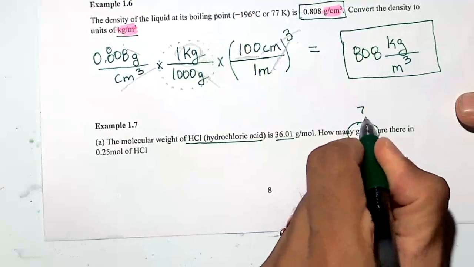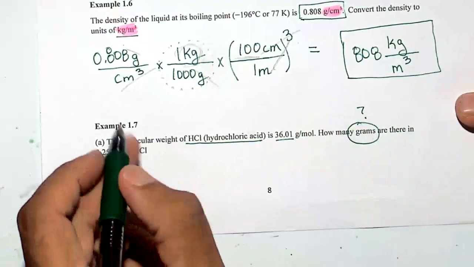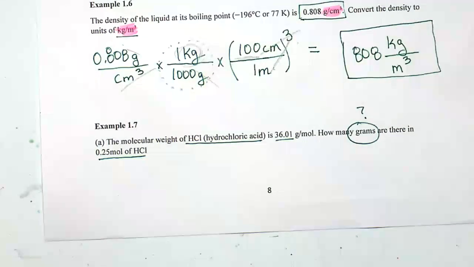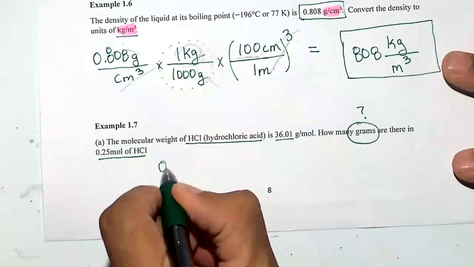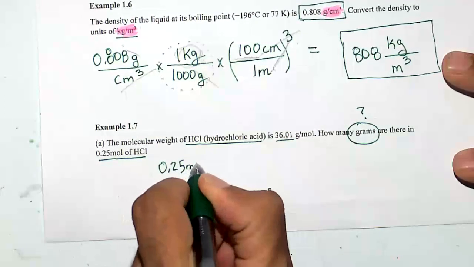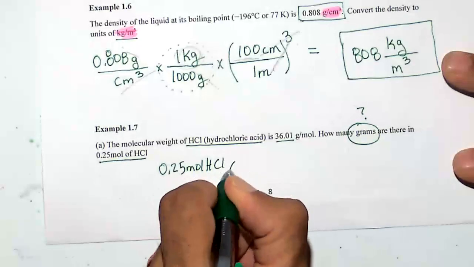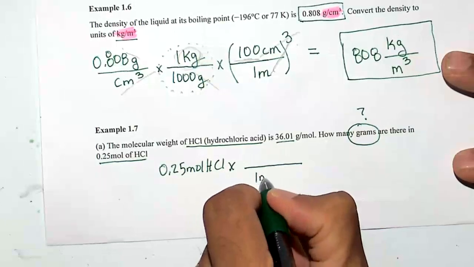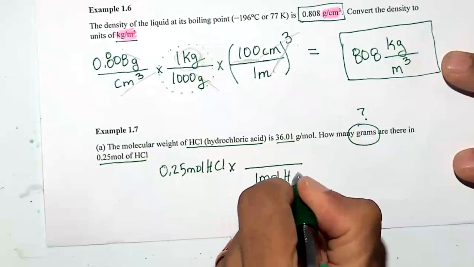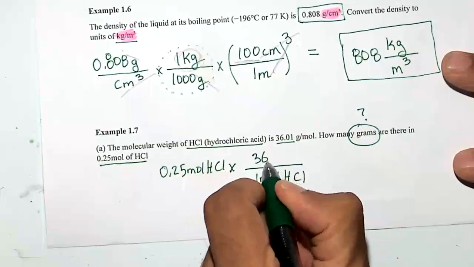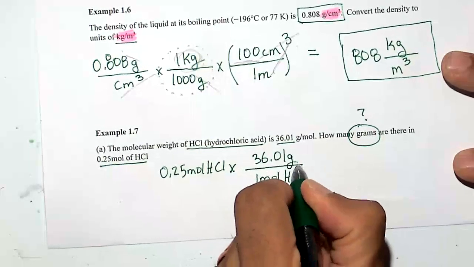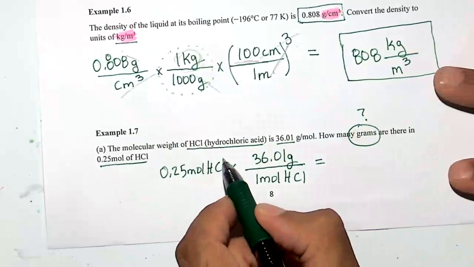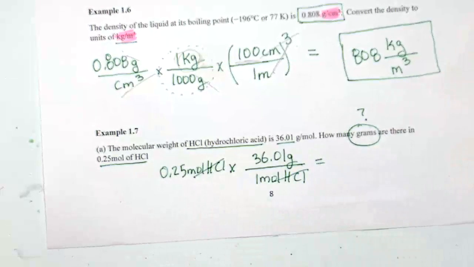Okay, so how many grams are in 0.25 moles? So moles is this amount. I have this much amount, and this much amount is 0.25 moles of HCl. Okay, how will I get it to grams? How many grams are in 1 mole of HCl? So I didn't teach you anything about the mole, but we just did our conversion.